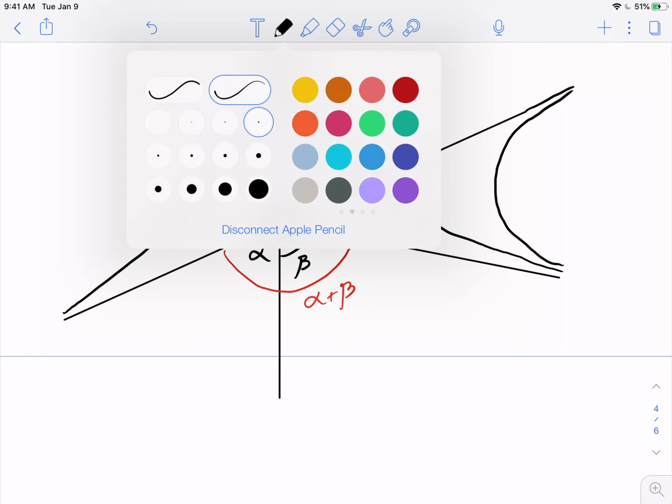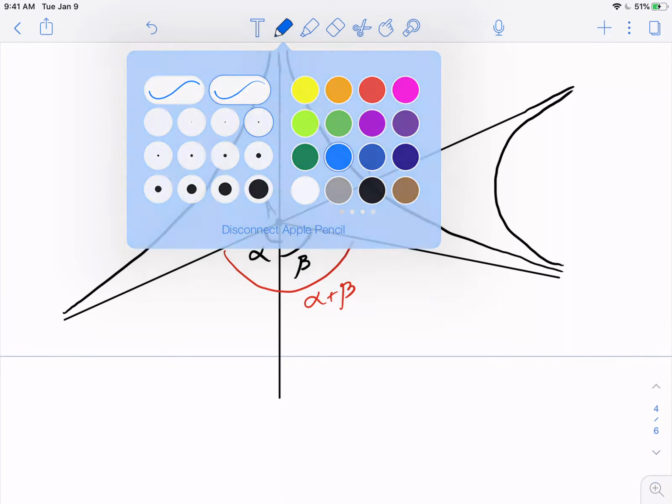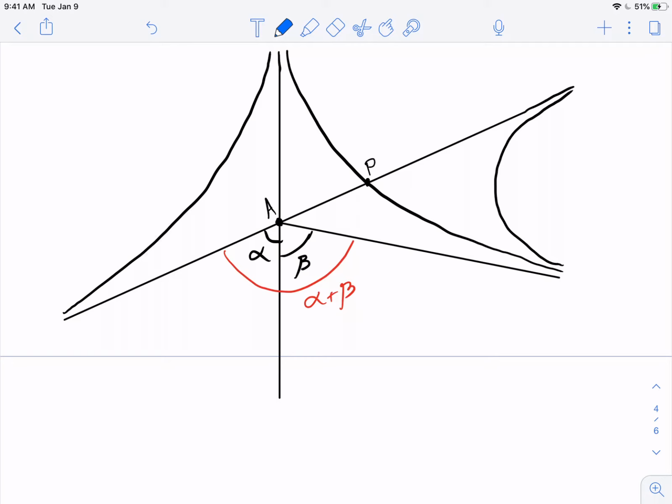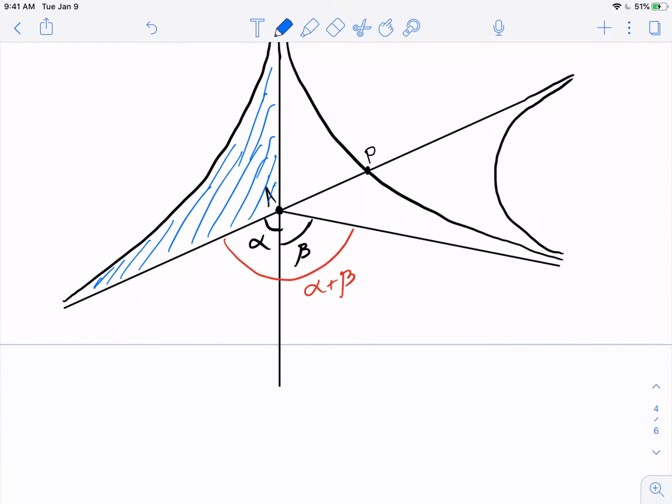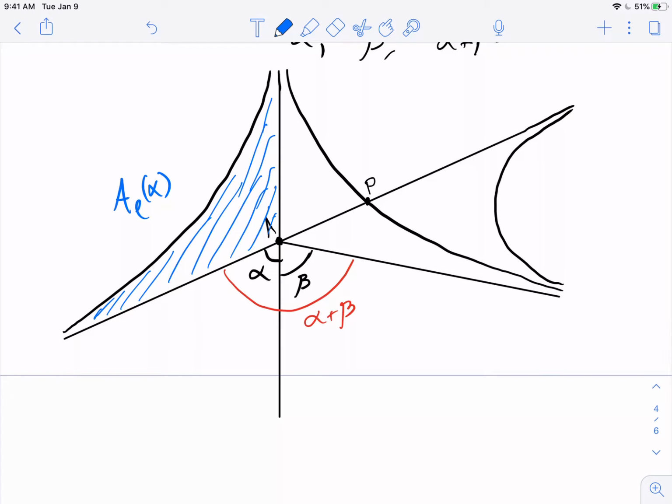So the first one is this blue one. This has exterior angle alpha, and so the blue area is rho of alpha.